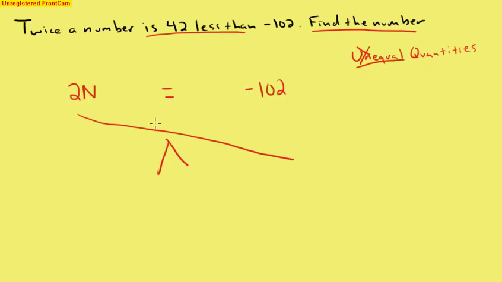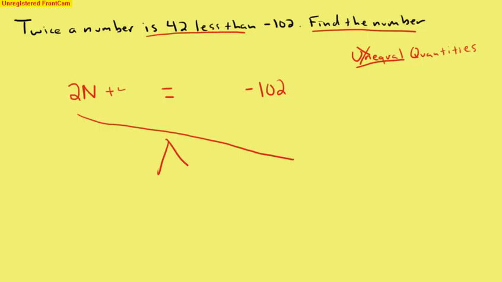So how would I make it balanced if I knew that twice the number is 42 less than negative 102? I'd have two ways I could balance this scale out. If this side is 42 less, I could make them equal by adding 42 to this side, and it would no longer be tilted.